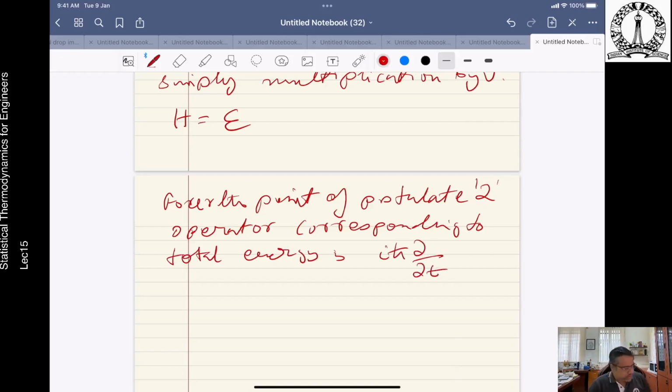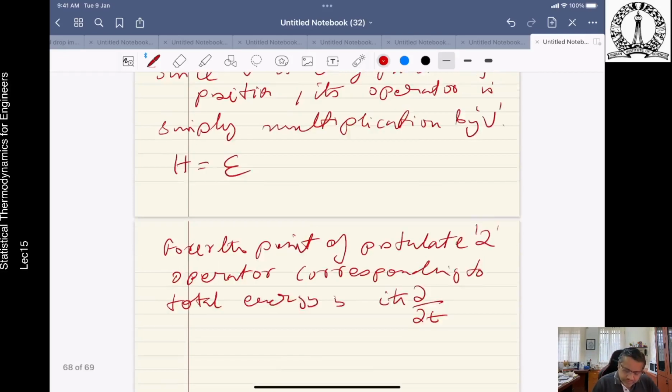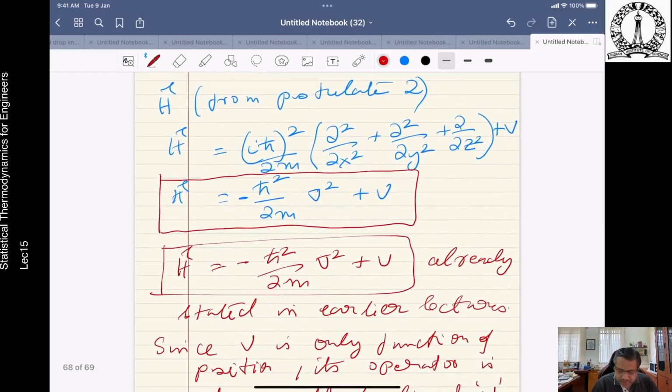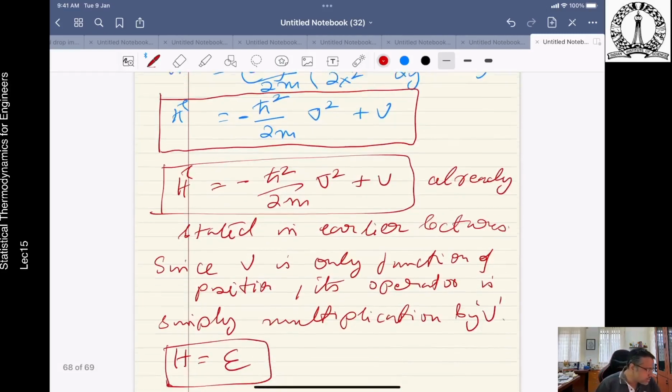And H is equal to E, because H is the total Hamiltonian.